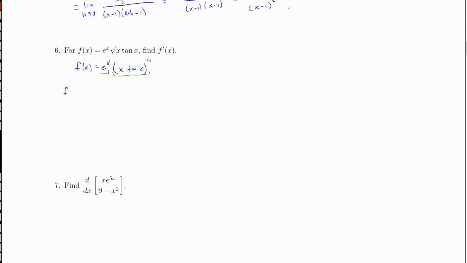So when I go to find the derivative, I'm going to use the product rule. So we have the derivative of the first times the second left alone plus the first times the derivative of that second piece.